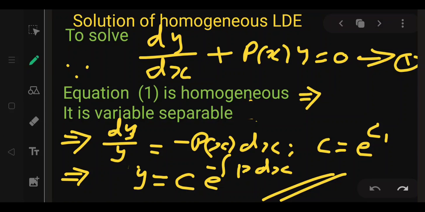I have written this shortly as p dx. So y equals c e raised to minus integral p dx, where the constant of integration c is e raised to c1. By taking exponential on both sides, we get the exponential form of the solution as y is equal to c e raised to minus integral p(x) dx, where c is equal to e raised to c1.